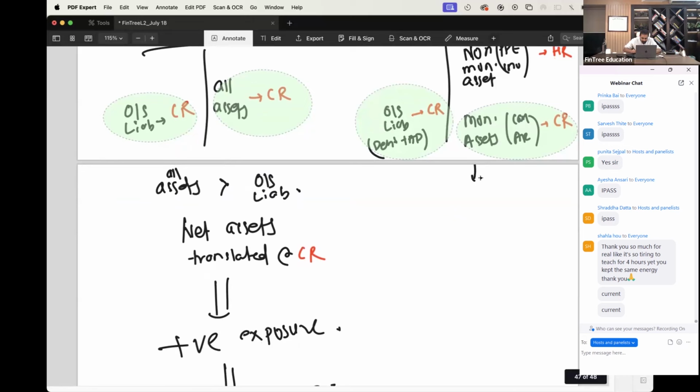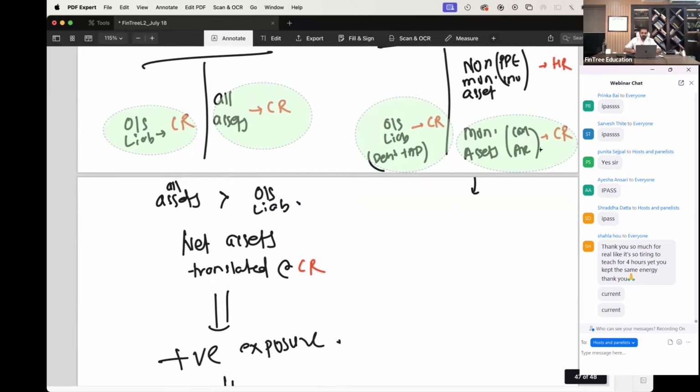Now what happens under temporal is opposite of what happens under current, because you use only monetary assets at current rate. So generally monetary assets will be less than all the monetary liabilities. Why? Because all liabilities are current.